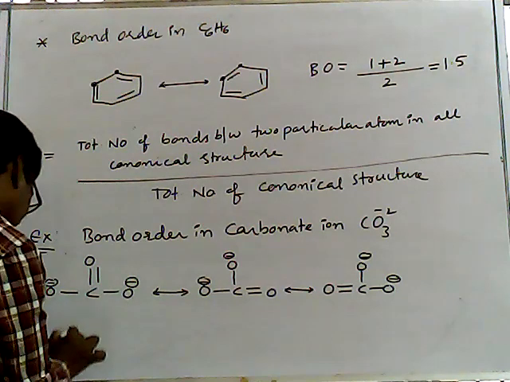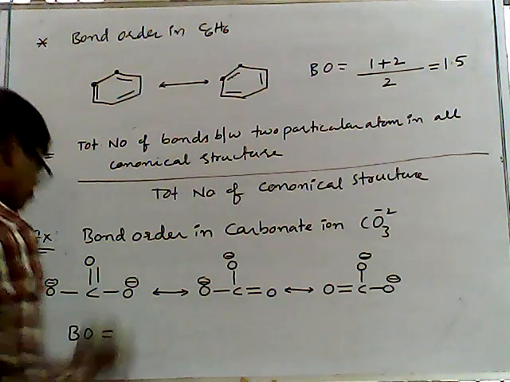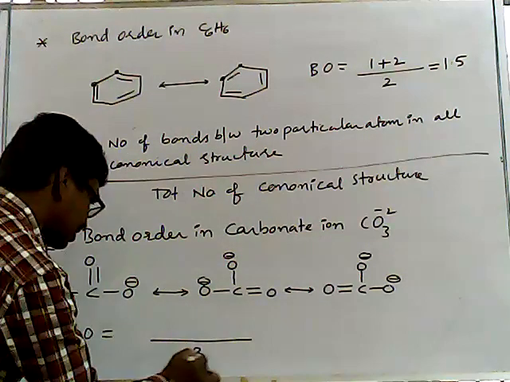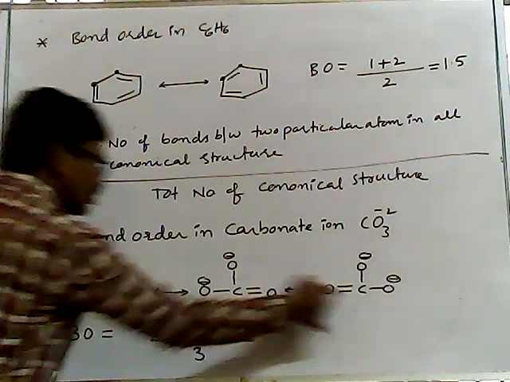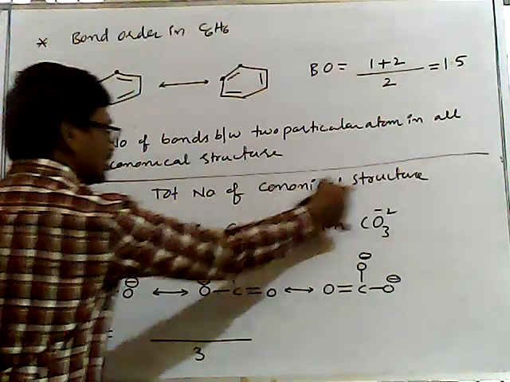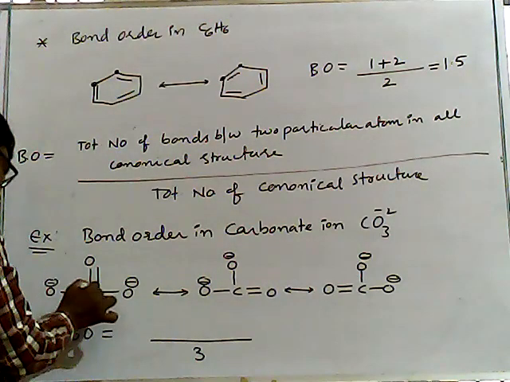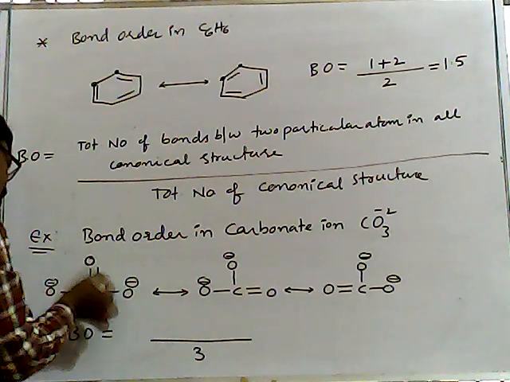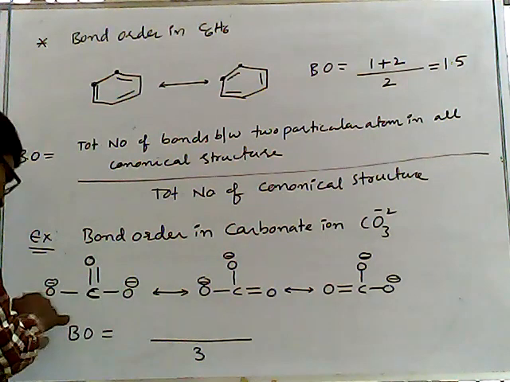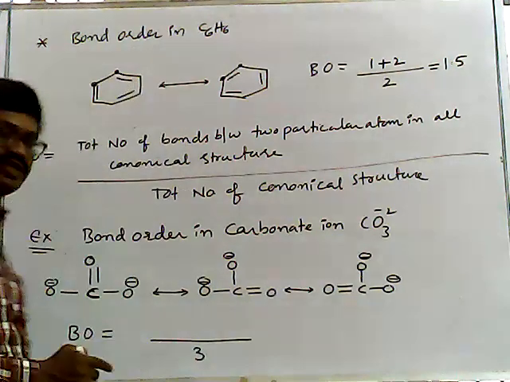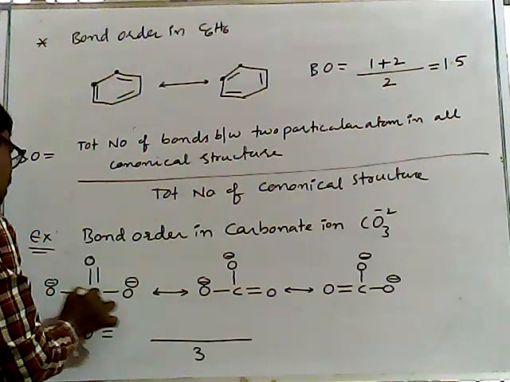So for bond order, in the denominator, as per the formula, I am writing 3, the total number of resonance structures: 1, 2, 3. Then I take any 2 particular atoms, as you wish. You can take these 2, or these 2, or these 2 also. Here I am taking these 2 atoms.